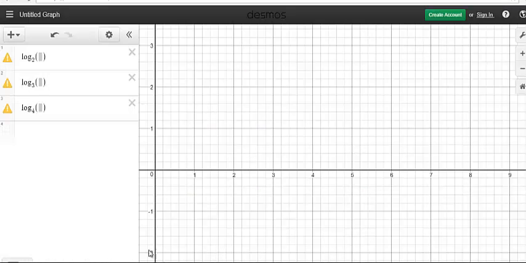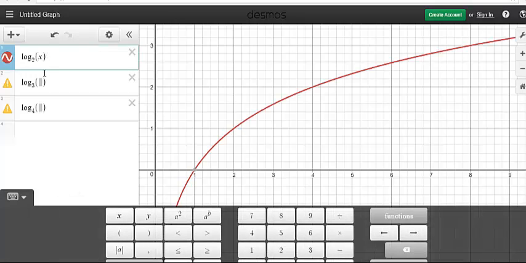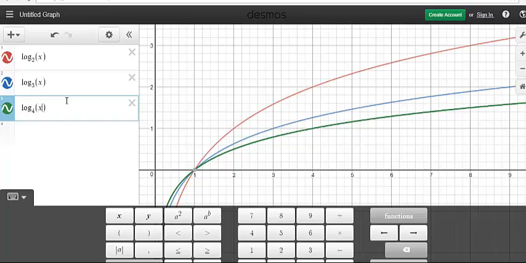If I show this on the Desmos graphing calculator, here logarithm base 2 of x is going to be in this form, and logarithm base 3 of x is closer to the x-axis, and base 4 must be the closest one, as you see here. Yes, logarithm base 4 of x is going to be the closest one.